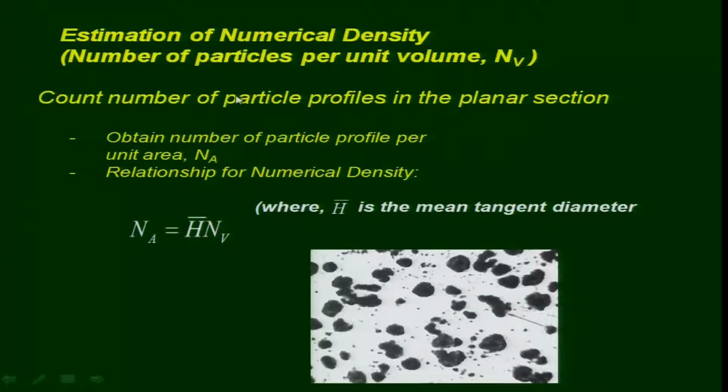Now, how to do that? Well, on my 2-dimensional image, I can count the number of nodules in a given area. Hence, I can obtain the number of particle profiles per unit area N sub A. So, I simply count the nodules and divide by the total area.